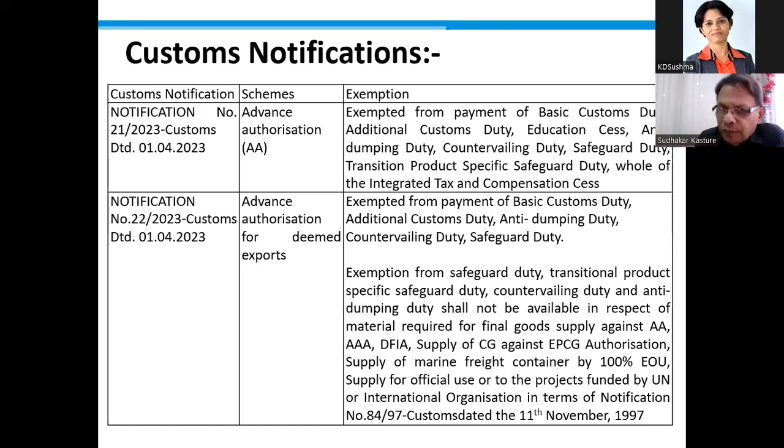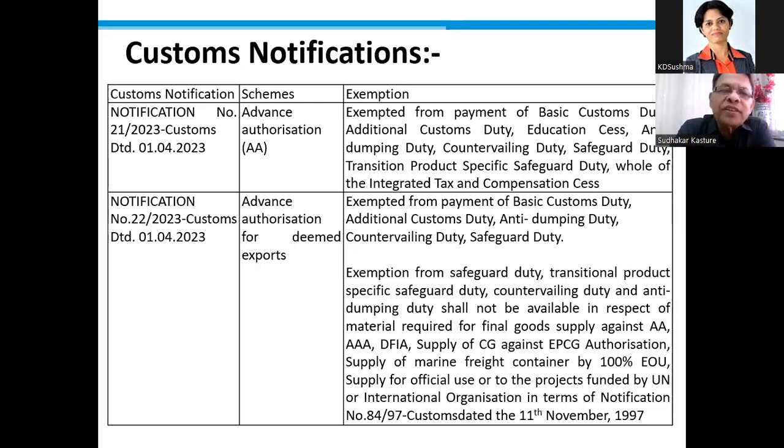As I told you, every scheme is governed by an exemption notification. Unless Customs issues a notification, you cannot get the benefit of exemption from payment of duty. Very recently, Customs has issued notifications. I have made a list of it.